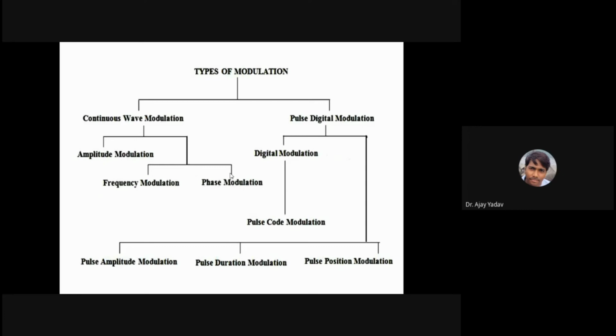Maybe the types will be different. So before going further, let me give you a broad classification of what kind of communication systems you have, and then I will come to what I'm displaying here.